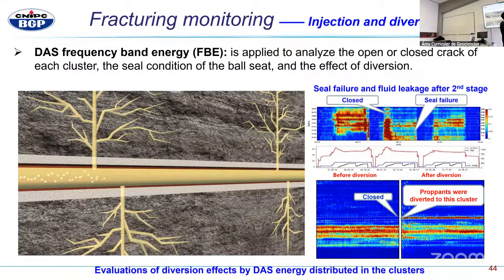And once you stop the fracture process, the well becomes quiet. And then you do the diversion. And as you can see here, you want to perforate this zone, not the default. So this is the leakage at top. Yeah, so you can see here.